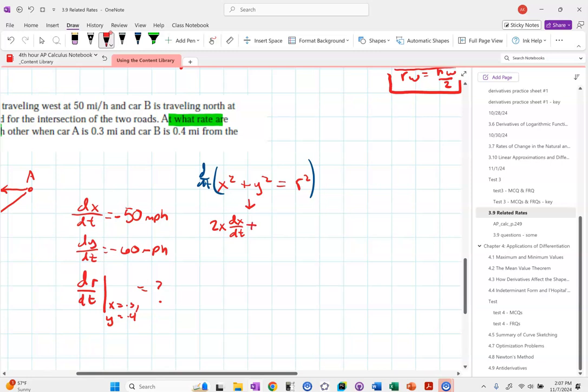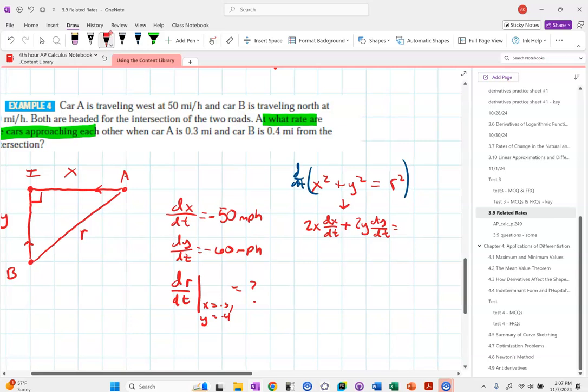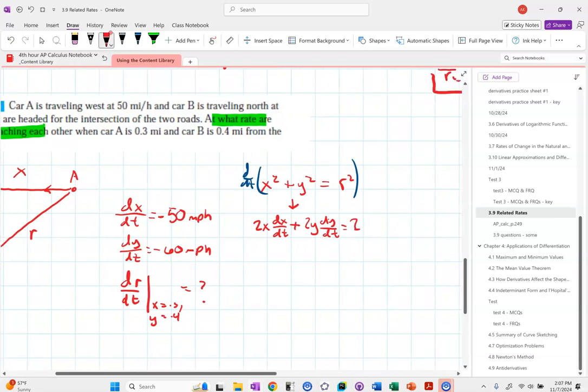Everything, almost always for a related rates problem, is going to be dt because time is the thing that's changing. And then y, derivative of y squared. Good. And derivative of r squared. Is the distance between the two cars constant? Yeah, it's not. It's 2r dr dt.